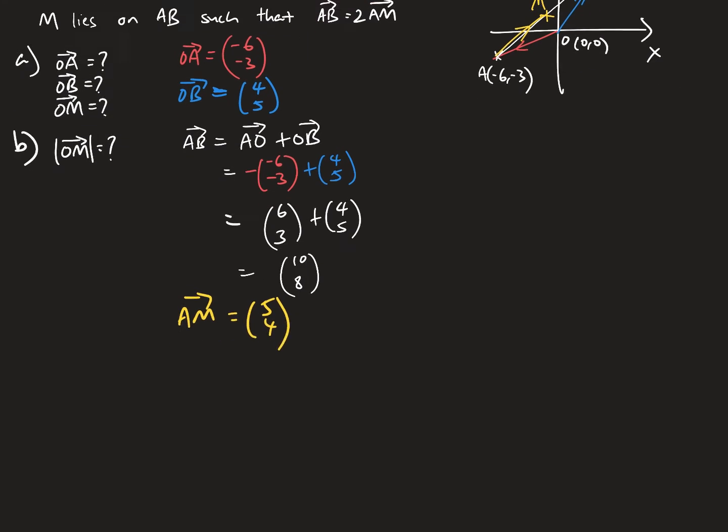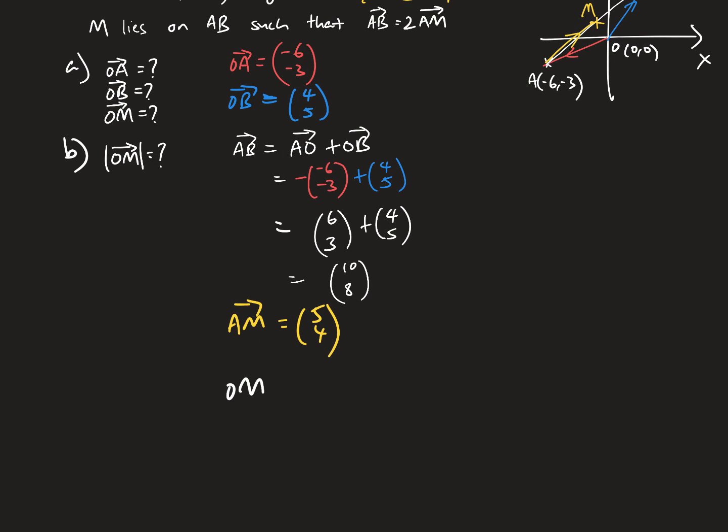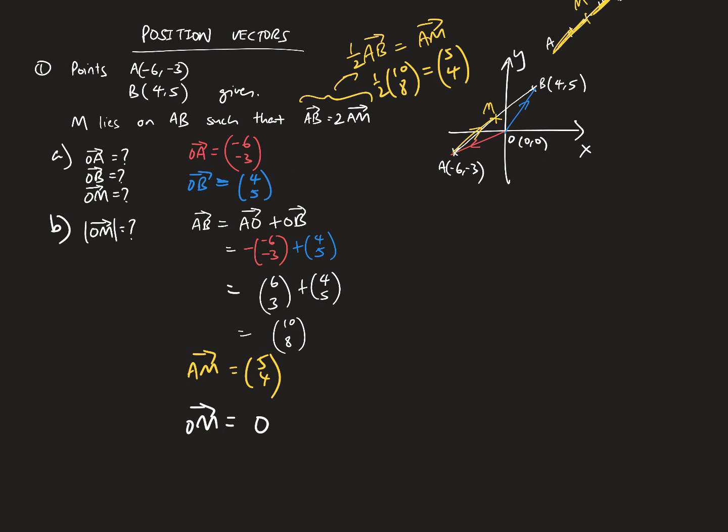So what is OM? OM is simply, I want to start from O and then walk to A first, and then from A I go AM, which is 5, 4.